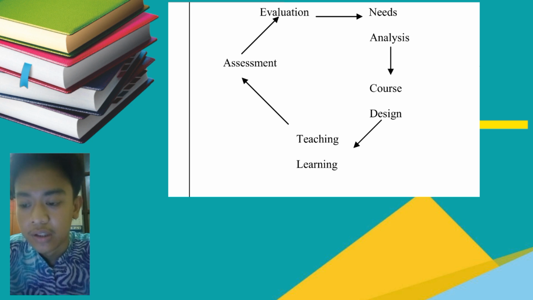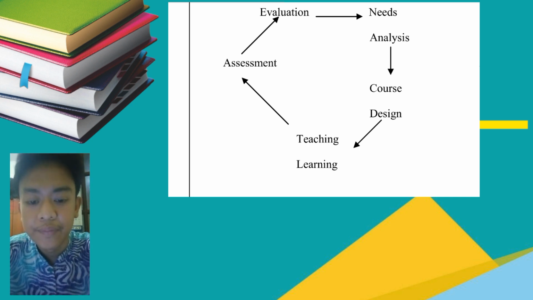ESP course design is the product of a dynamic interaction between these elements, which Dudley-Evans and St John illustrate, the theory and the reality of the stages in the ESP process, through this cyclical representation, as we can see in the picture.